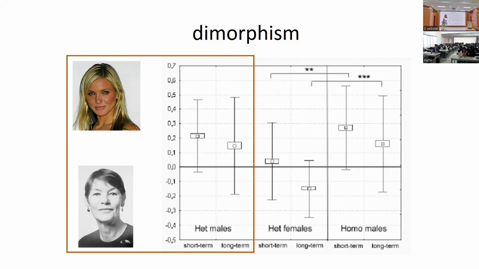And what is very interesting, we may develop next year when we talk about homosexuality, male homosexuals follow exactly the same strategy as male heterosexuals, of course, for the interest in the male face, not the female one.